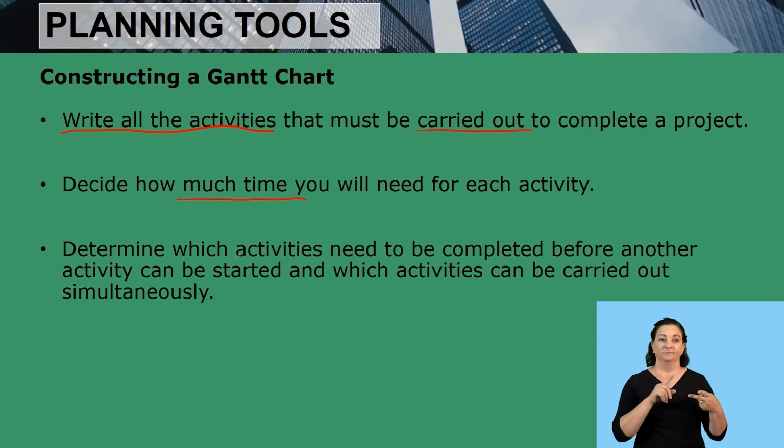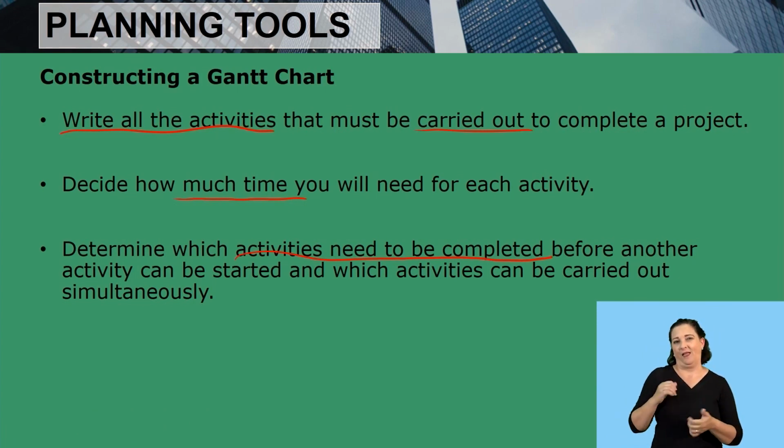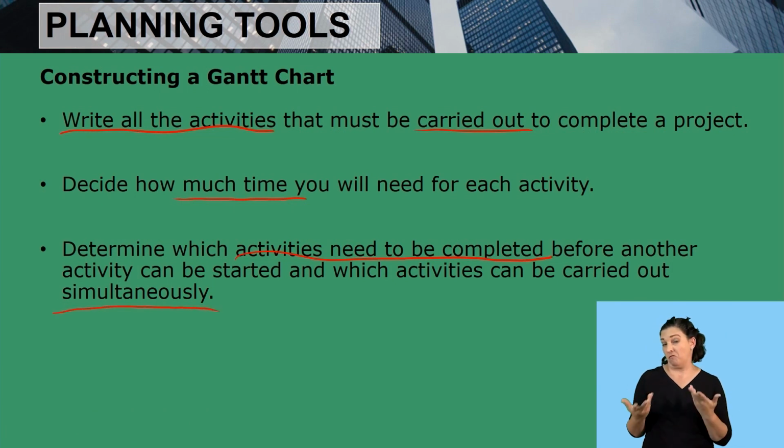Determine which activities need to be completed before another activity can be started and which activities can be carried out simultaneously. So you need to prioritize, making sure the first activities are done first, and also decide which activities can be done concurrently. Then you can plot those activities on a Gantt chart.